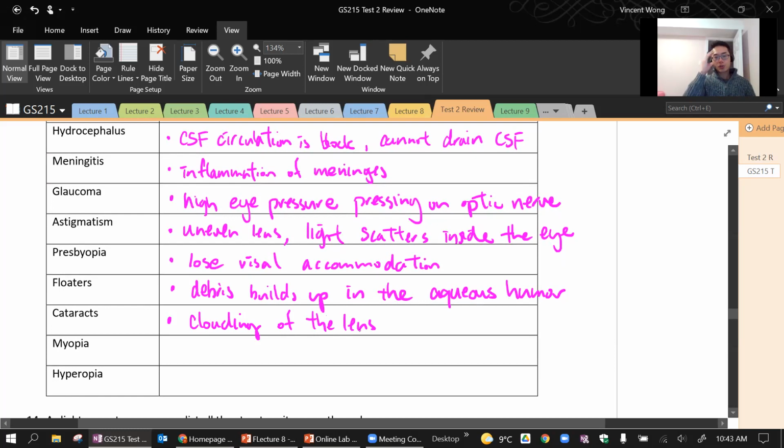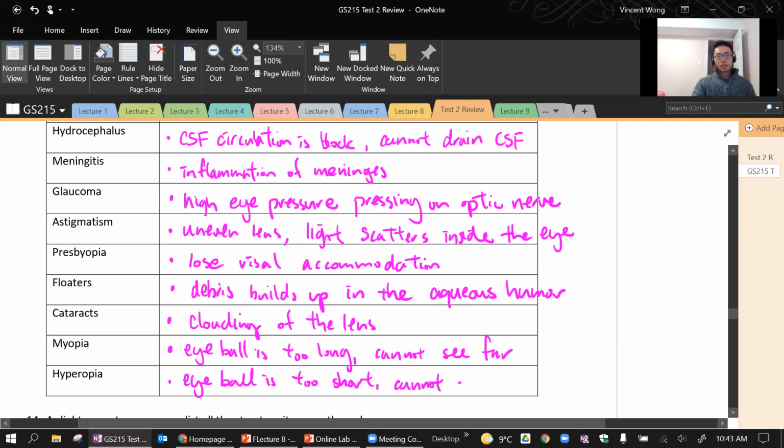Because protein starts to crystallize. Myopia, eyeball is too long. Cannot see far. Hyperopia is the opposite. Eyeball is too short. Cannot see nearby.